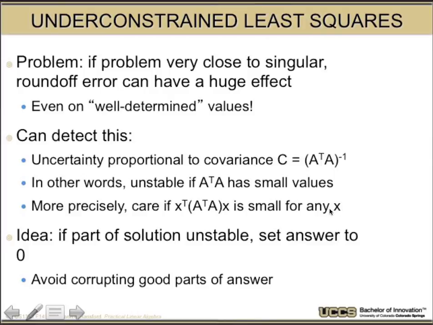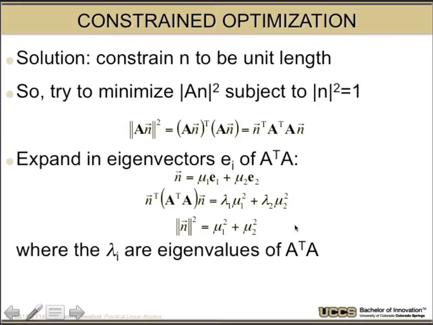It'll be moved to a different location. So going back to singular value solutions, part of our idea was that anytime you get something that's close to 0 and unstable, just set the associated singular value to 0 and avoid corruption of the good parts.